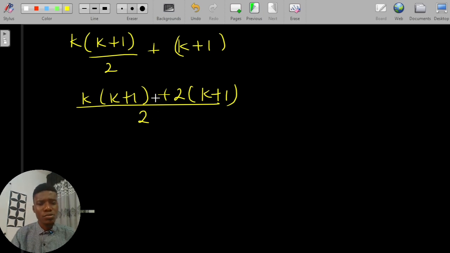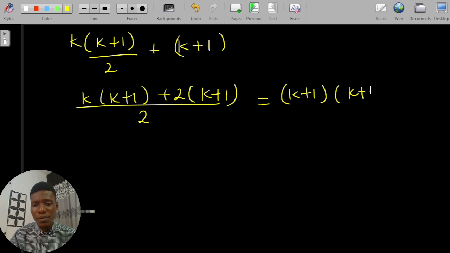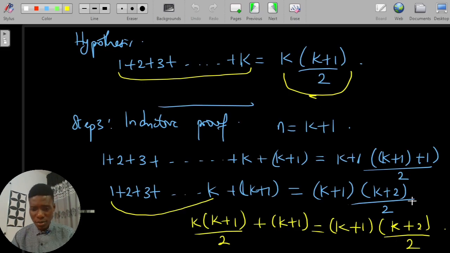So if we are to simplify or factorize, we see that k plus 1 is common to these two parts, meaning that we can have k plus 1 into k plus 2 over 2. Now let's compare this to the right hand side. Look at the right hand side here. They are the same.